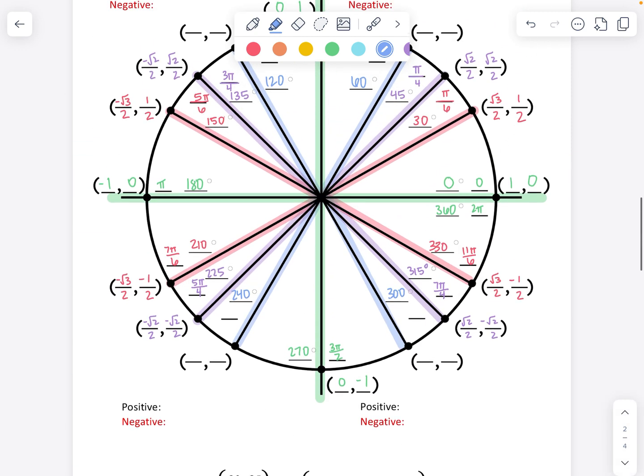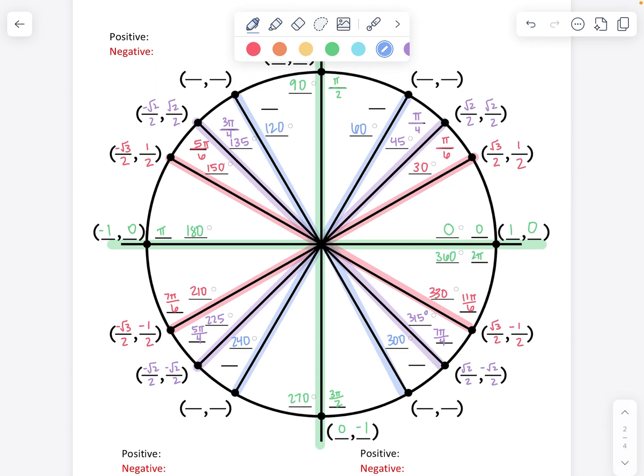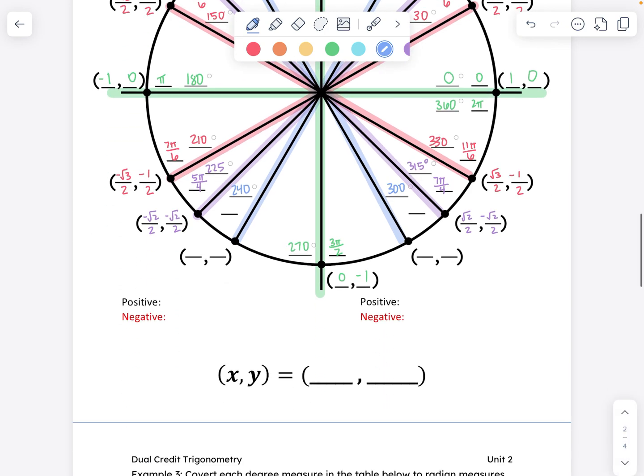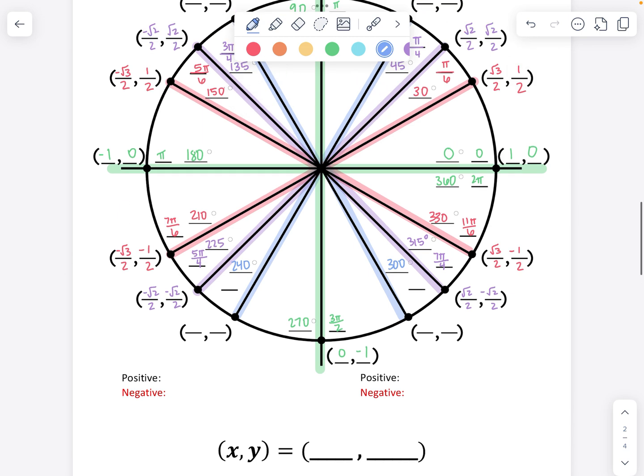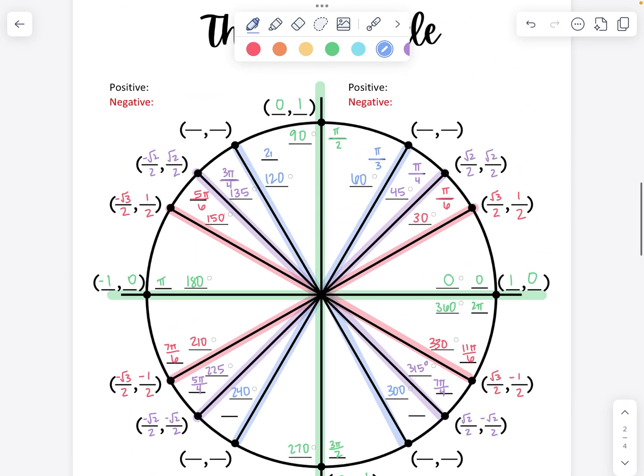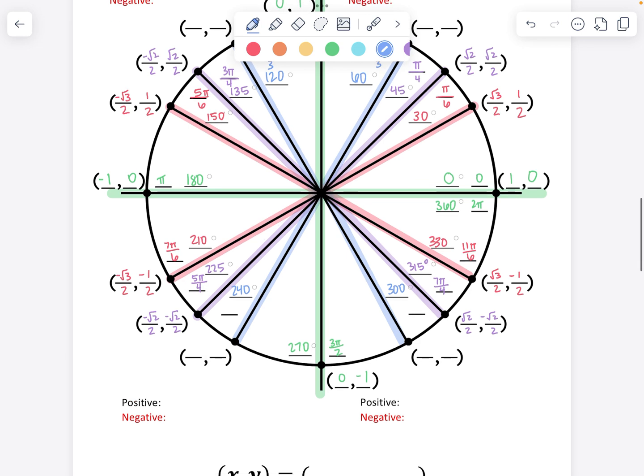So 60 degrees matches with pi over 3 radians. 120 degrees matches with 2 pi over 3 radians. 240 degrees matches with 4 pi over 3 radians. And 300 degrees matches with 5 pi over 3 radians.